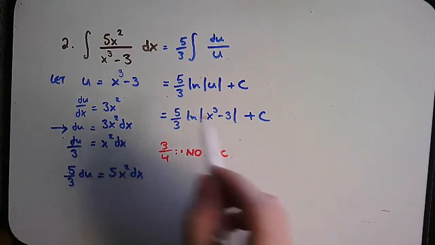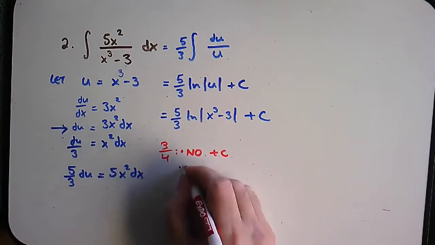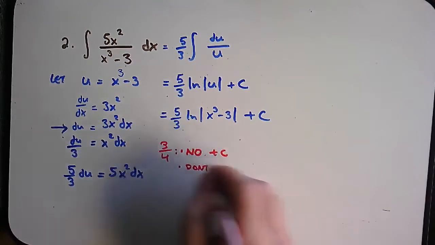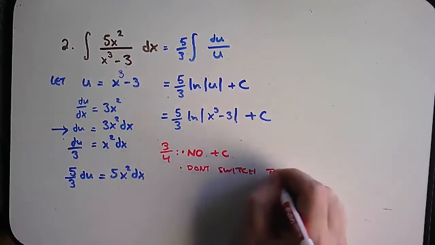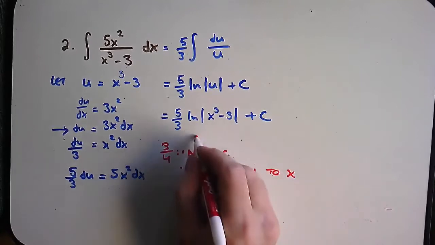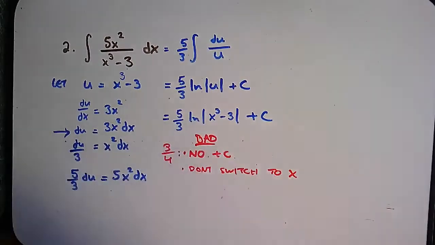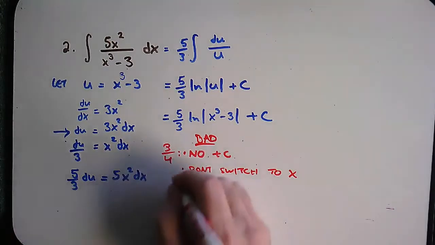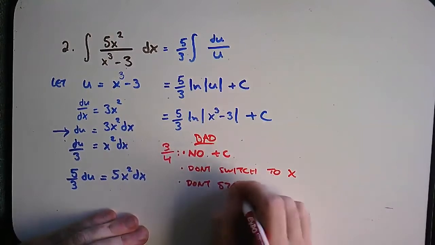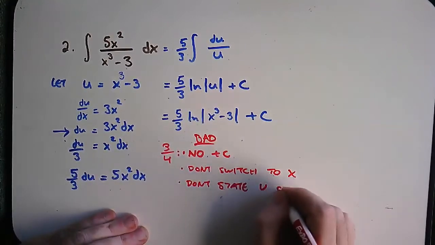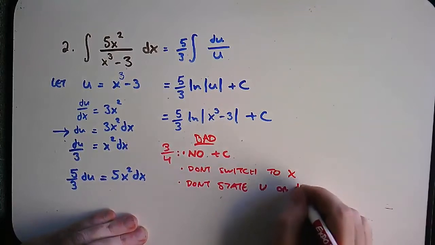How else can we do that? Oh, if we don't switch back to x. This is all bad. Okay, so no plus C, we don't switch back to x. Let's see, what else could we do to mess this up? Oh, if we don't state u or du, that's really bad.